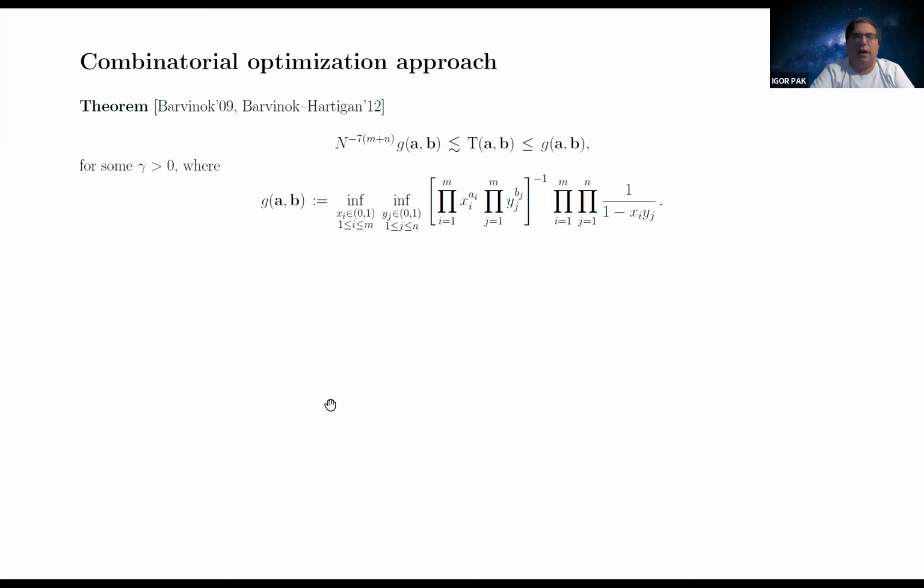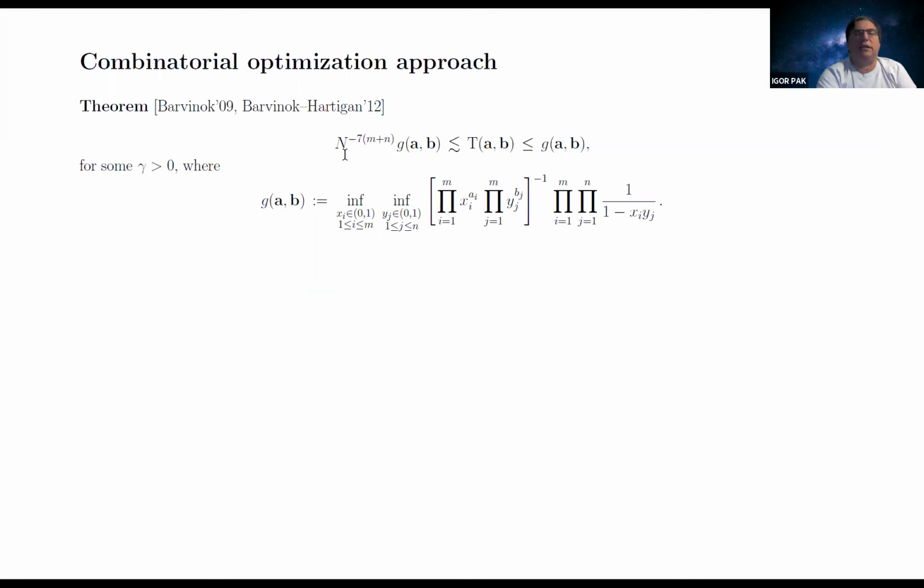I'm getting very close to the end. So let me tell you a little bit about the combinatorial optimization approach. This is how Barvinok approached this problem. What he proved is the theorem that the number of contingency tables is bounded by this function G and G times n to the minus something. Remember, G grows like C to the n squared, so this is much smaller, of course.